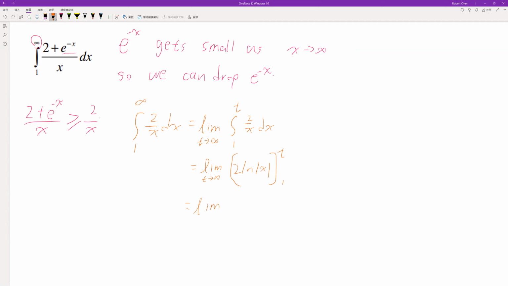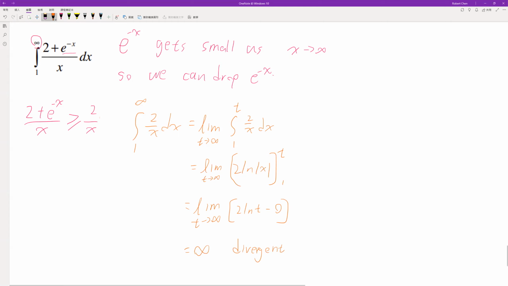That is the limit of 2 ln t minus 2 ln 1, which is 0. All right, and then it's easily evaluated that this thing is going to go to infinity, which means it's divergent.